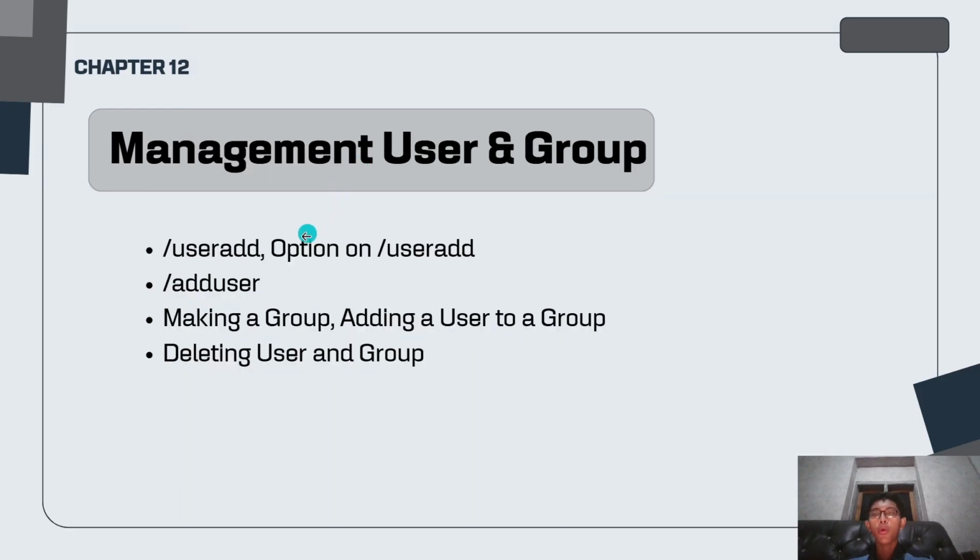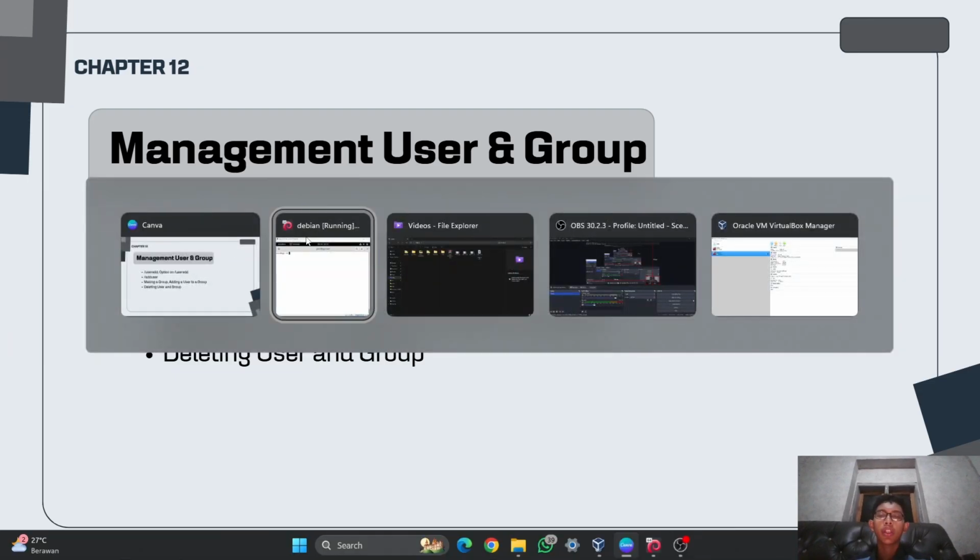Before, when I wanted the user to have a home directory and also the shell /bash, I had to type it using -m and then also -s and then /bin/bash.